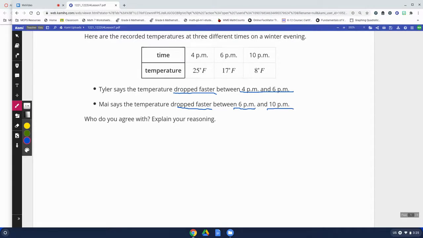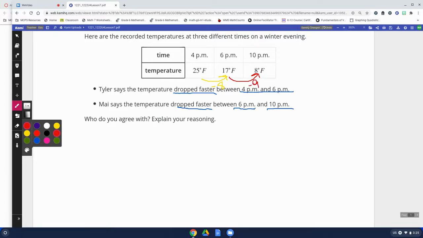So if we're just going to observe, I can observe that for Tyler, between 4 and 6, there was a decrease in the temperature. And that temperature decreased by 8 degrees. And for Mai, there was also a decrease in the temperature, and that decrease looked like it was 9 degrees.